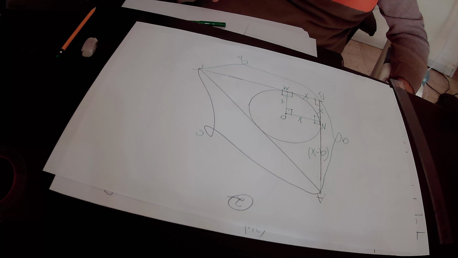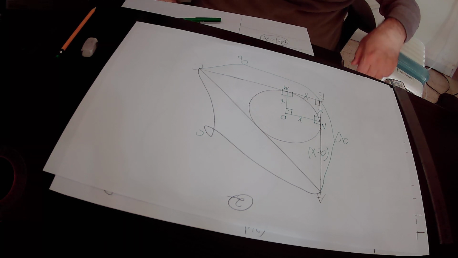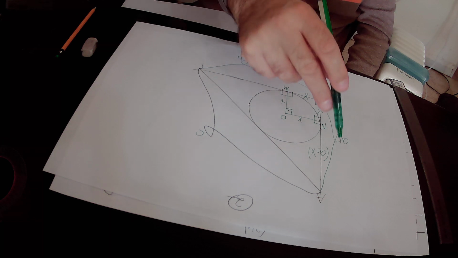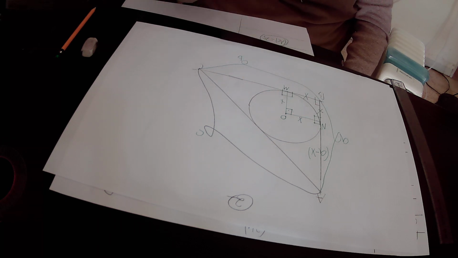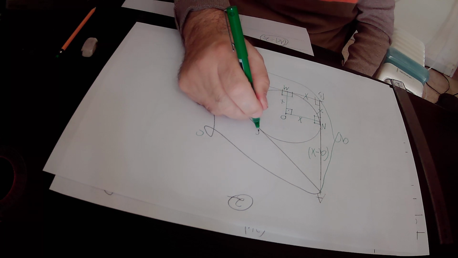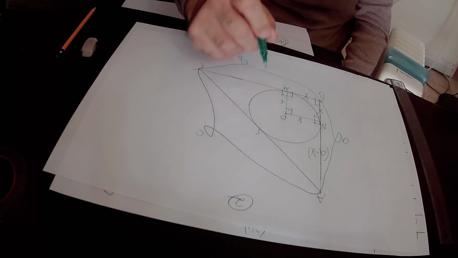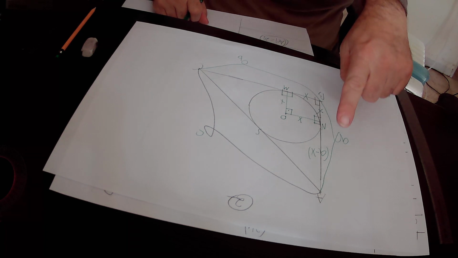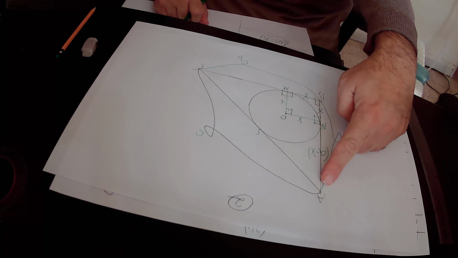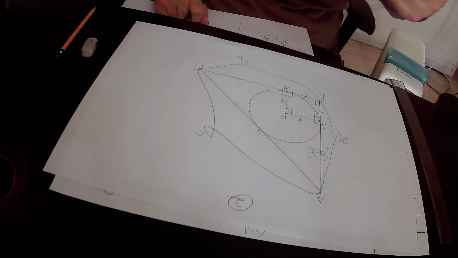Here we have rule number 2. According to rule number 2, the lengths of two tangents from a common external point to a circle are equal. We define the point of tangency of tangent AC with this circle as S. So from the common external point A, we have two tangents to this circle, tangent AN and tangent AS.